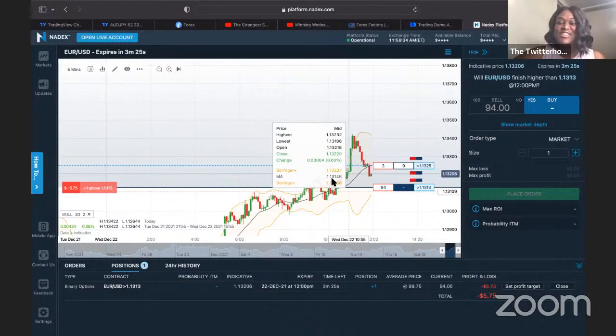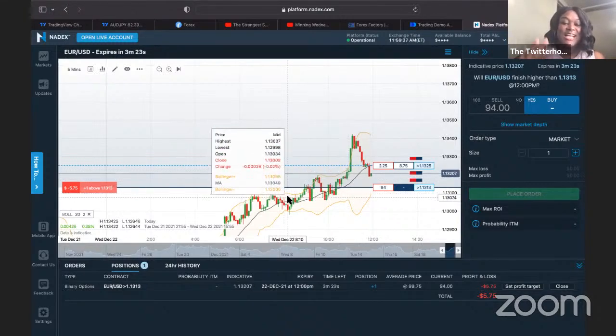But yeah, that's all I'm going to be doing from now that I figured out how to do my analysis. I just use TradingView to set my alert to come back so I can get in the trade. I'm definitely going to always try to get into out of the money trades.